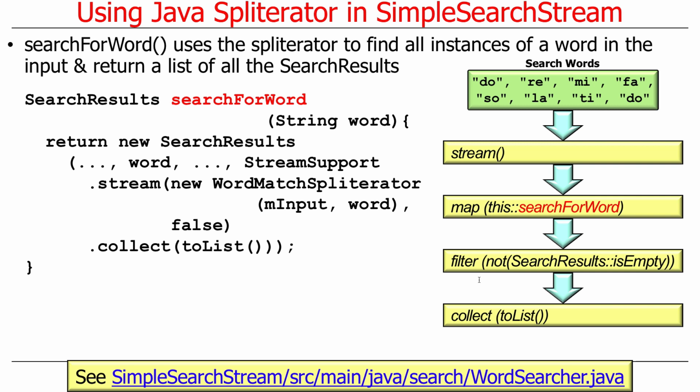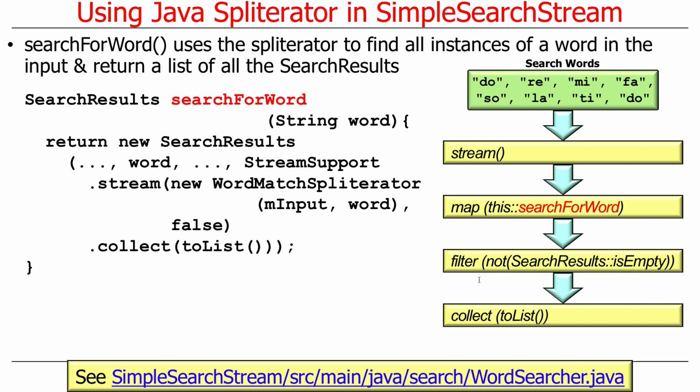And it returns a list of all the search results corresponding to that word when looked up in the input string. So the key things we have here are the input string, the word, and we want to get back this SearchResults data structure.